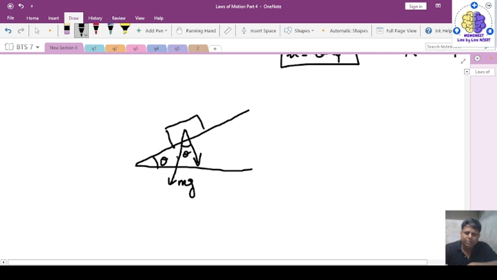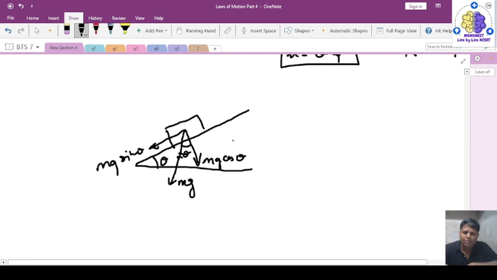Now what I'm doing is I'm resolving this vector into a vector which is perpendicular to the inclined plane and a vector which is along the inclined plane, right? So if this is theta, this will become mg cos theta and this will become mg sin theta.